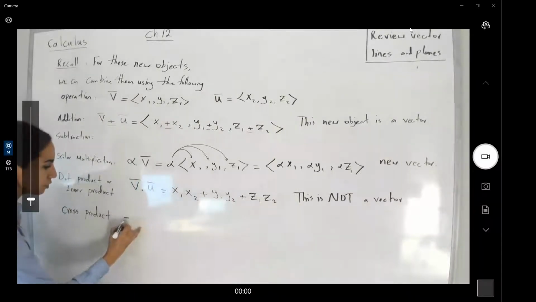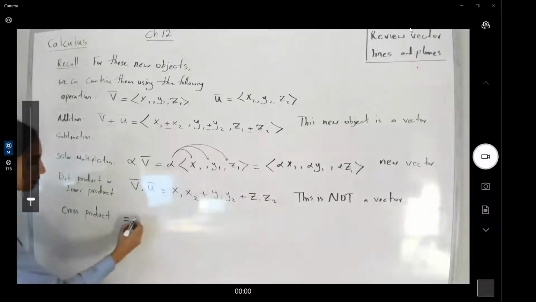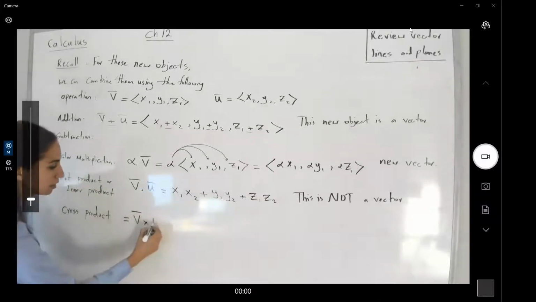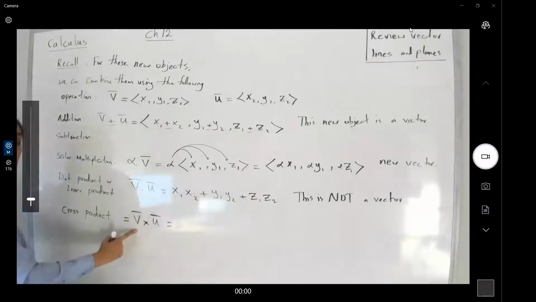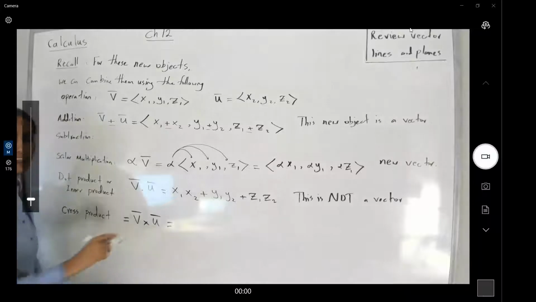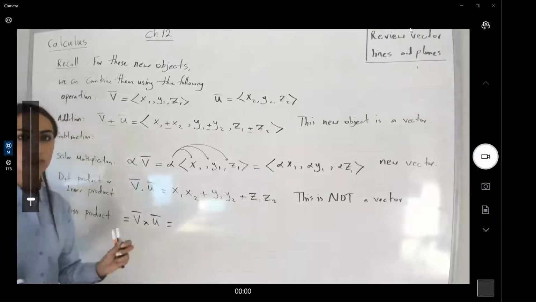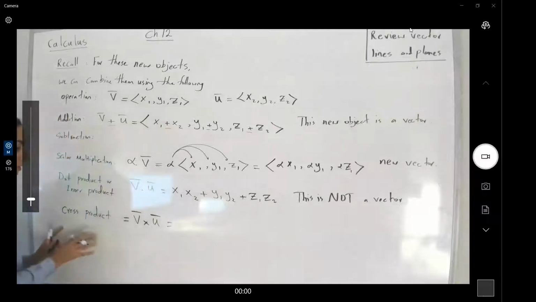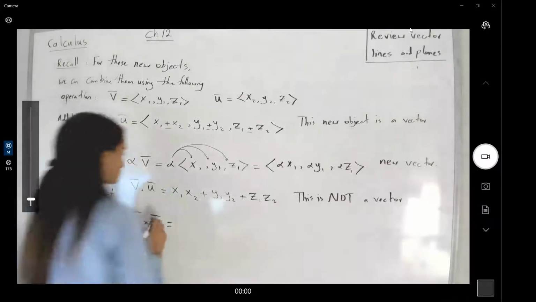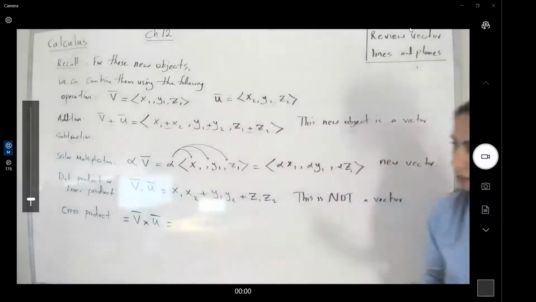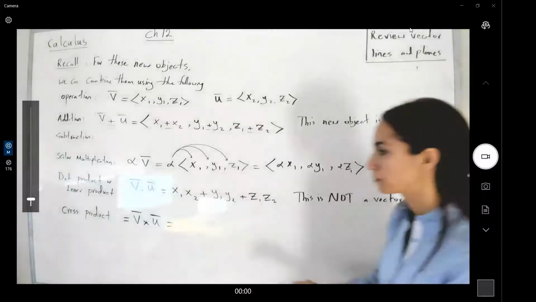So the cross product between v and u is denoted by v cross u. It's not the Cartesian product. This operation between two vectors is called the cross product. Okay. So we need the determinant.